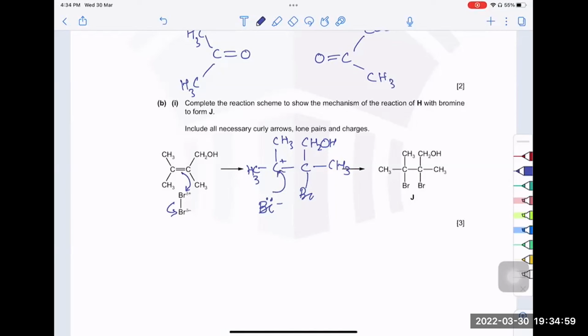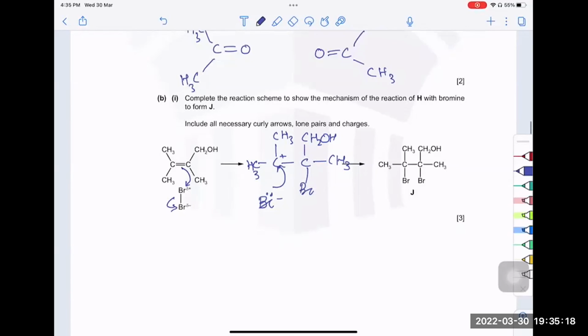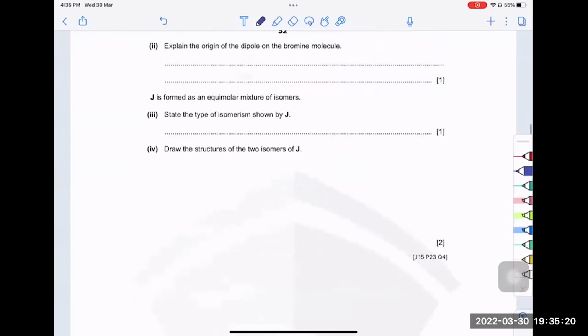Always remember that the curly arrow shows the movement or the attack from a lone pair. It's the movement of electrons, not anything else. So these electrons go there, attack it, and there you go. So we have made the compound that we're looking for.